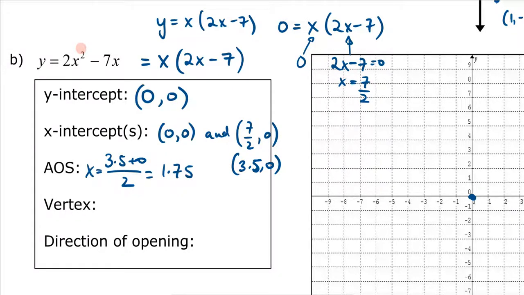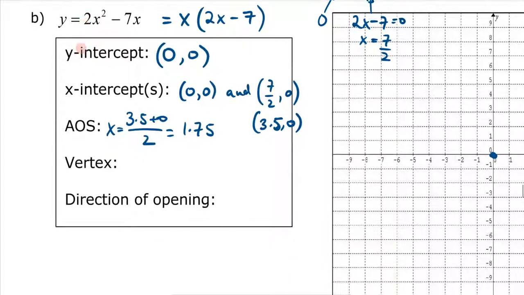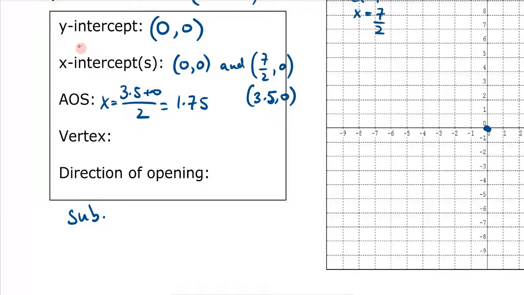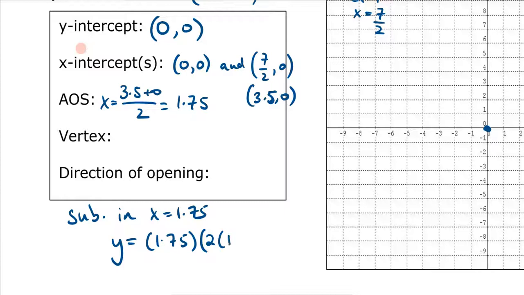And my vertex, well, for my vertex, we have to sub in x equals 1.75. So if I substitute that into my factored form, y equals x, so x is 1.75, times my bracket 2x minus 7, so 2 times 1.75 minus 7.